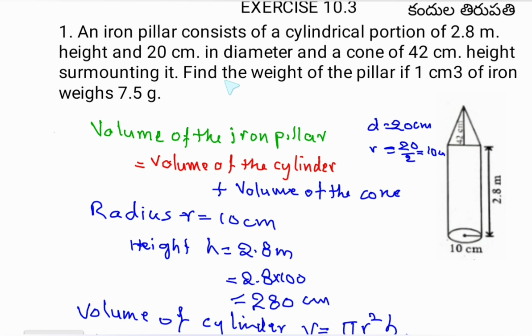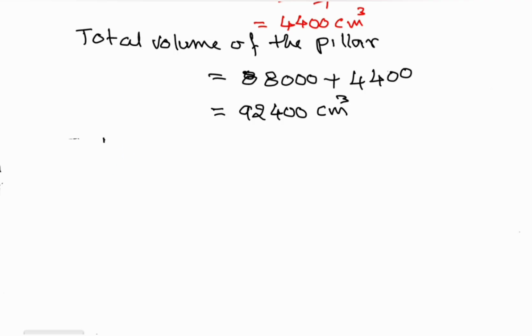Now we should find the weight. From the question, 1 centimeter cube of iron weighs 7.5 grams. 1 centimeter cube equals 7.5 grams weight. But here how many centimeters cube volume is there? 92,400.